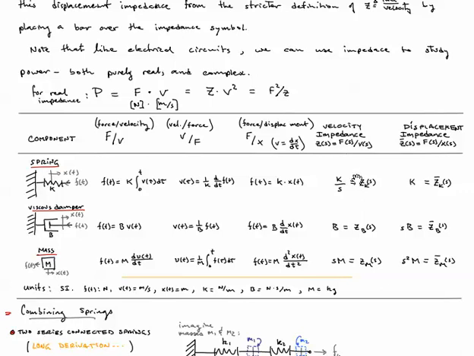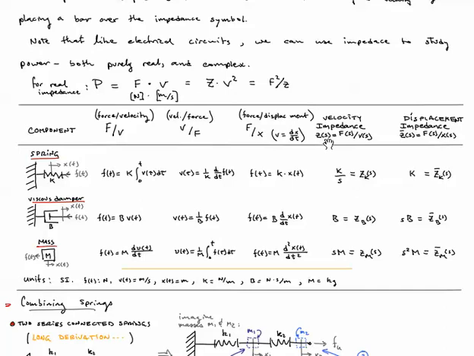The analog is very close to electrical. For electrical impedance we have voltage over current. The voltage is an effort and the current is a flow, coulombs per second. So it's very natural to talk about a mechanical impedance that would be an effort like force divided by a flow, which would be, not literal flow, but meters per second. So newtons over meters per second are going to be the units for mechanical impedance.